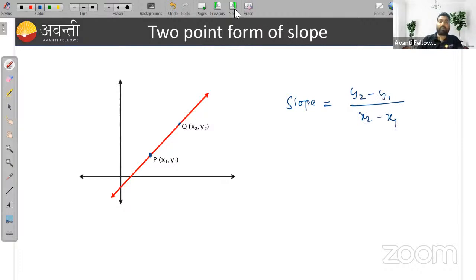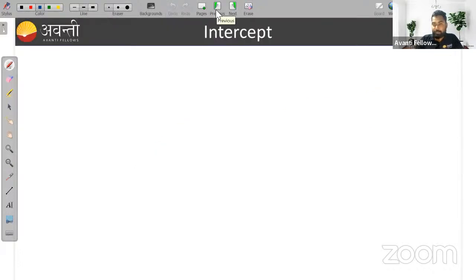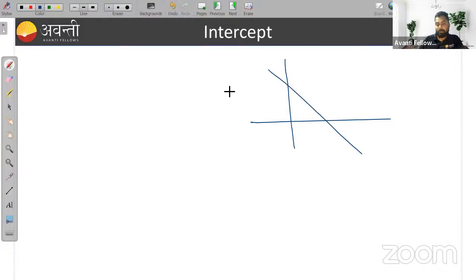Clear? Okay. Next, intercept. What is the intercept? The line cuts the x-axis and y-axis. So this is my x-intercept and this is my y-intercept. Right? So these things we have already completed.